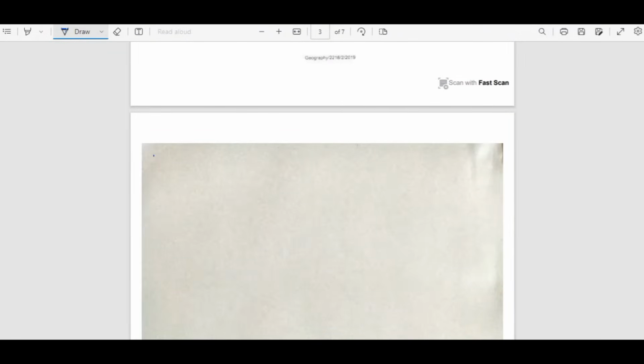So number one, we can say that the exotic trees grow tall and straight.